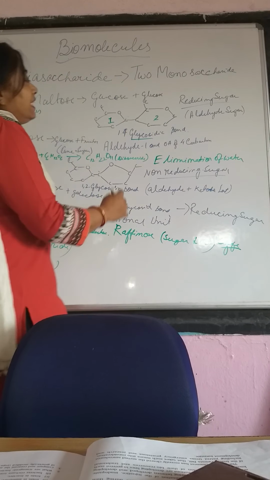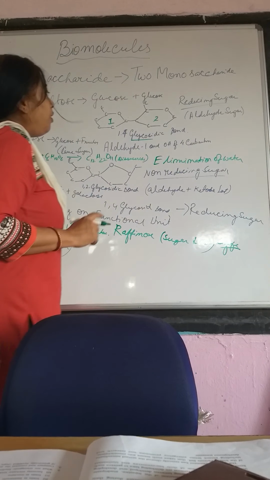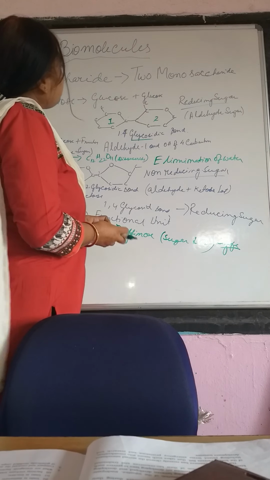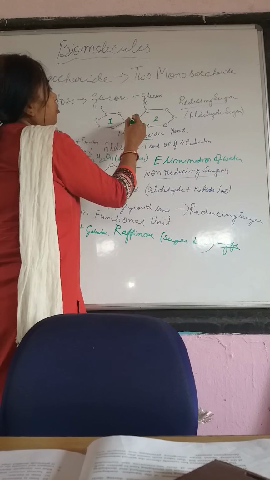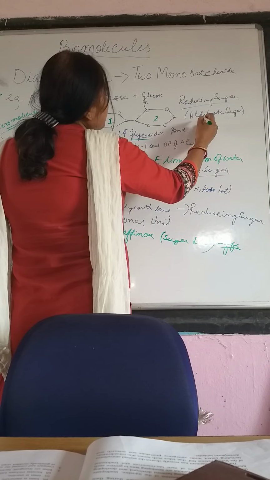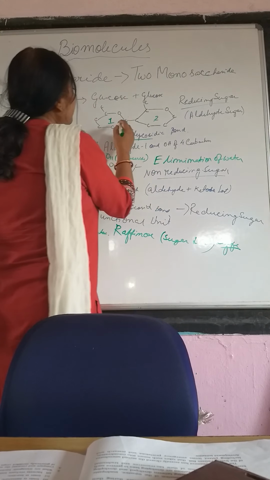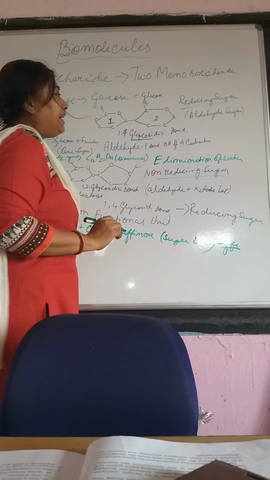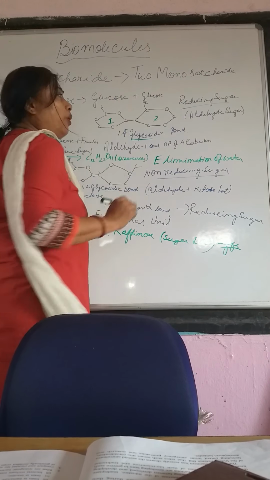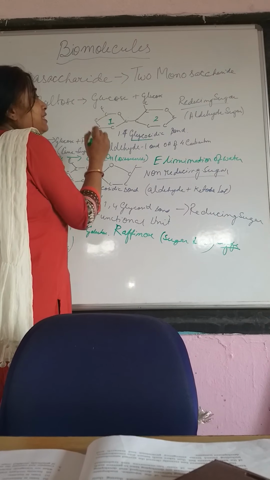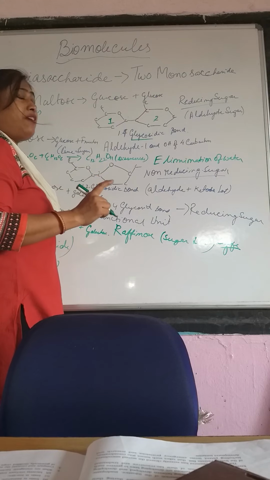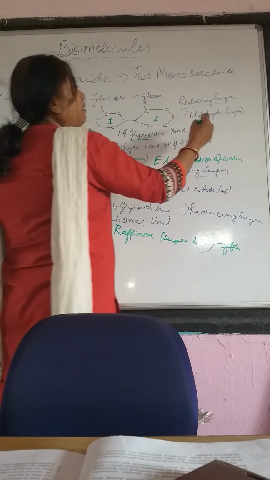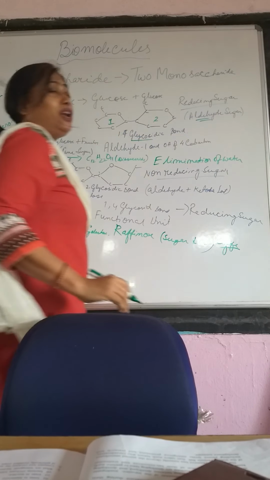When this glycosidic bond is formed, in the first molecule the aldehyde in the first position is lost, but in the second only the OH is lost. Since one loses its aldehyde and the other still has a functional group, it can still be called an aldose sugar.